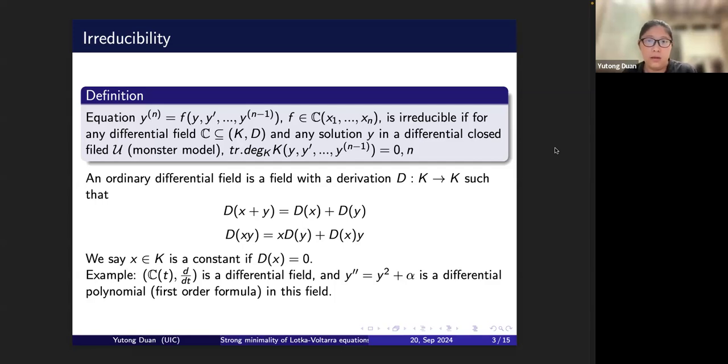That means either it has a generic solution or it has a solution in the algebraic closure of K.